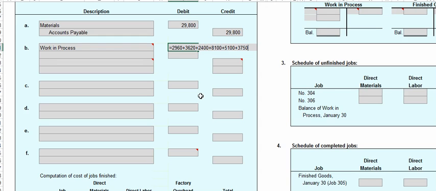We also want to include, though, in work in process, all the labor used on specific jobs. So I'm going to start back with 301. Factory labor there was 2775.